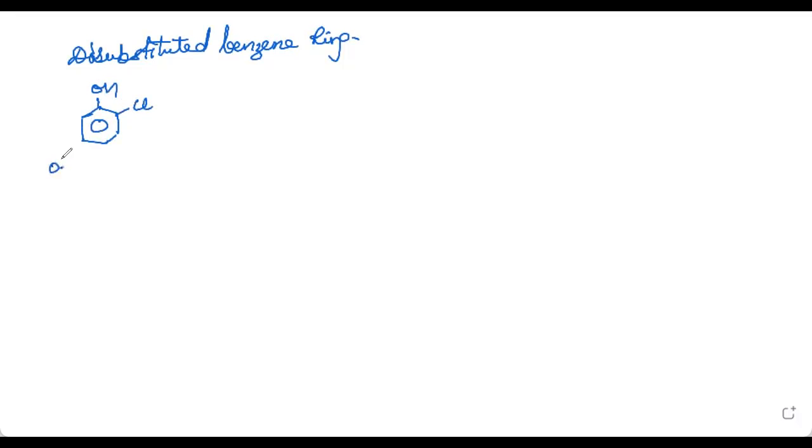So this is orthochlorophenol. Oh, I'm so sorry, I'm just erasing it. You can draw the meta isomer, and then you can draw the para isomer.